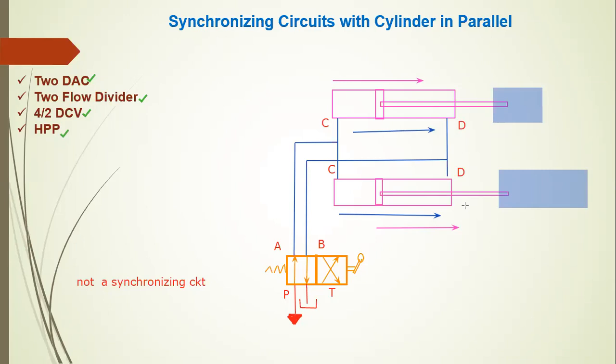We have to go for a synchronizing circuit. We attach two flow dividers in this circuit. This circuit is not a synchronizing circuit but simply cylinders in a parallel connection.